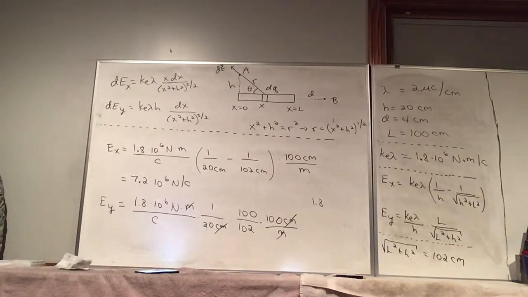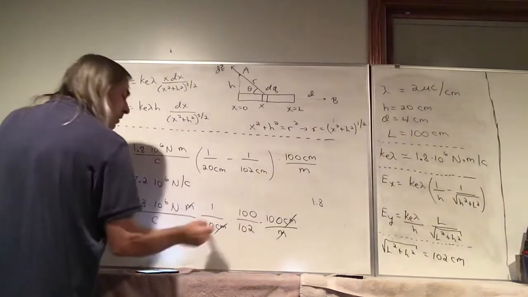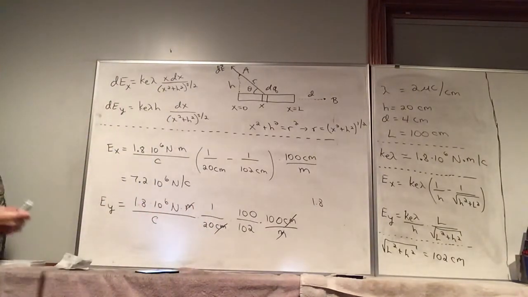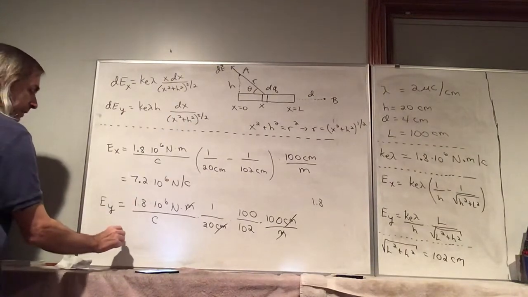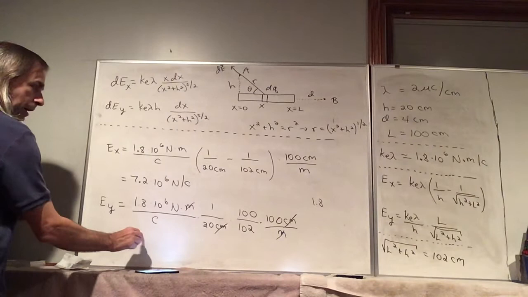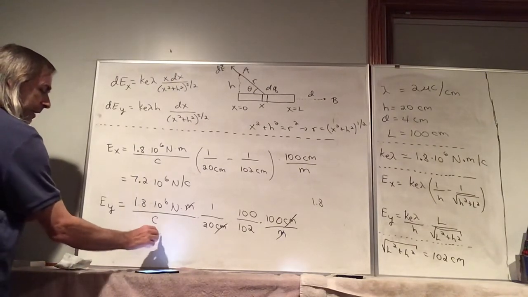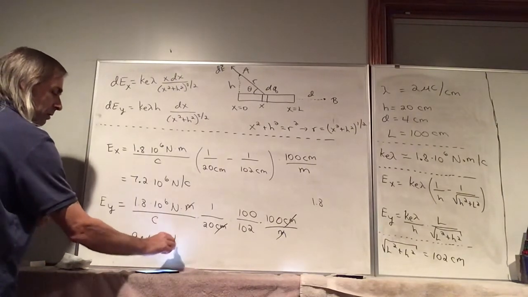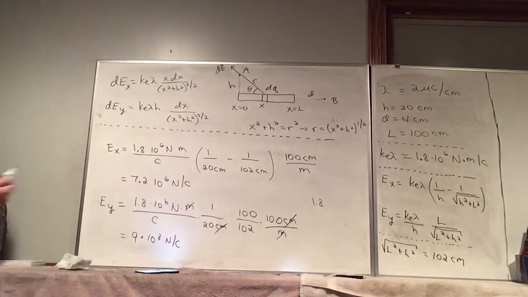I wonder if I did this right. Well, let's see what we get first. Yeah, so 100 over 20 is 5. So this would be 1.8 times 5. This would be 9, and then we'd have times 10 to the 8th newtons per coulomb, or 900 times 10 to the 6th newtons per coulomb.